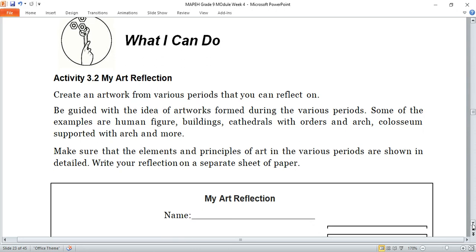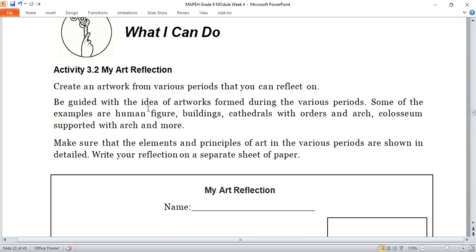Let's proceed to this activity. What I can do. Activity 3.2, my art reaction. So you create an artwork from various periods that you can reflect on. Be guided with the idea of artworks formed during the various periods. Some of the examples are human figure, buildings, cathedrals with orders and arch, colosseum supported with arc, and more. Make sure that the elements and principles of art in the various periods are shown in detail.